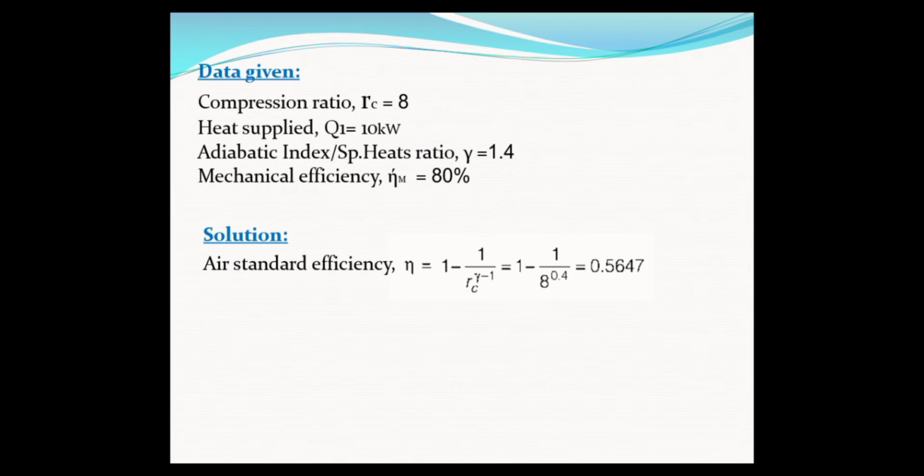That air standard efficiency for Otto cycle is 1 minus 1 by r_c power gamma minus 1. That is 1 minus 1 by 8 power 0.4, where 0.4 is 1.4 minus 1. So from this we can calculate 0.5647 is the air standard efficiency. This is also equal to the thermal efficiency.